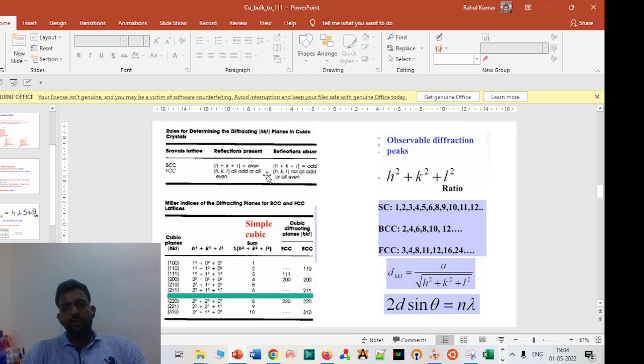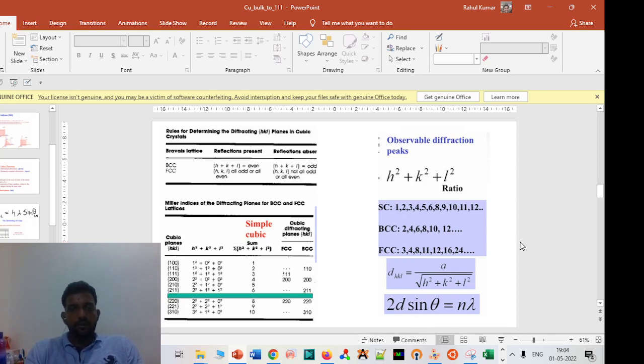And similarly for BCC, if you see, the sum of hkl should be even, and if it is odd, then the diffraction is absent. So basically there are some numbers you have to remember, and some you don't have to remember. Basically just remember hkl is all odd or all even, then only you will see the planes.